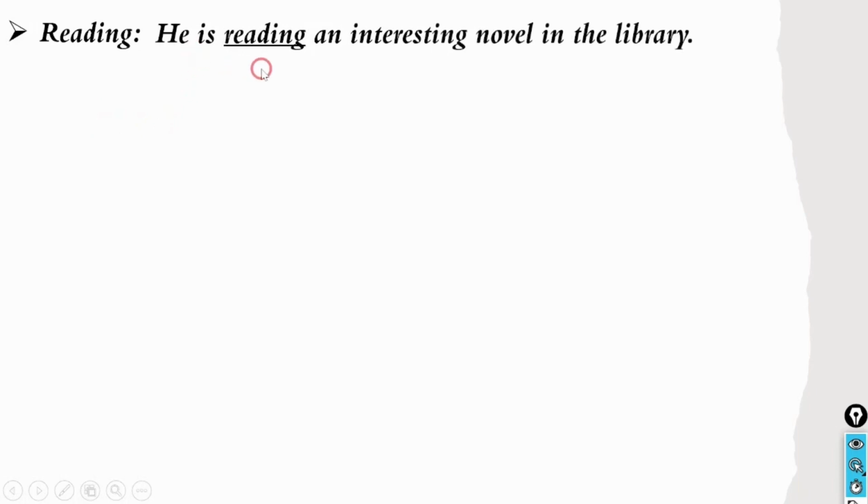Then reading. To the word read, we add ing to come up with the ing form of a verb. Then we say, he is reading an interesting novel in the library. A situation in which this can be expressed is, maybe someone asks, where is John?